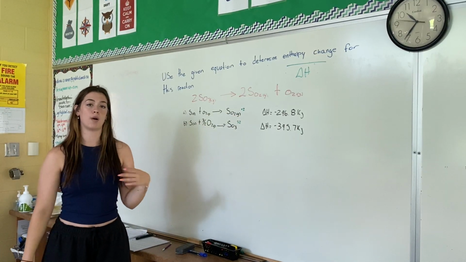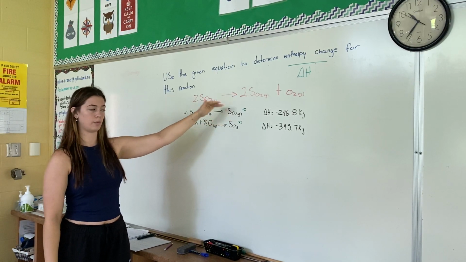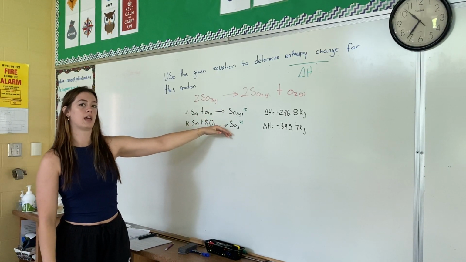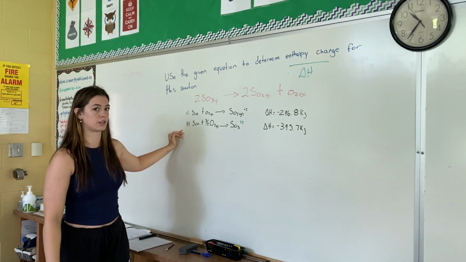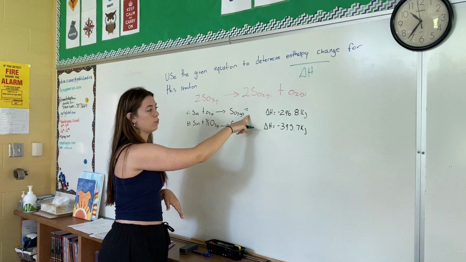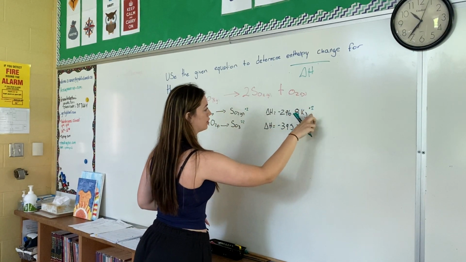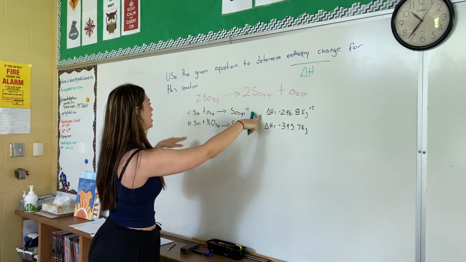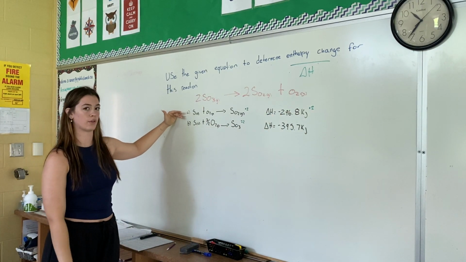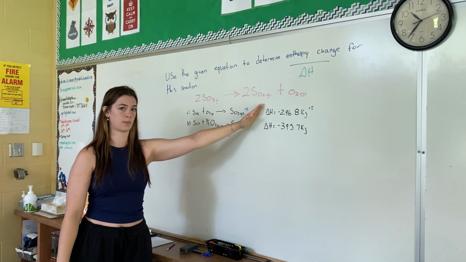When we times it by a positive, it stays in the same direction it's already in, but when we times it by a negative, the equation is reversed. So if we times this whole equation by 2, we now have to times this by 2 as well, because this is the energy change of this specific reaction. So this goes by 2, this must increase by 2 as well.